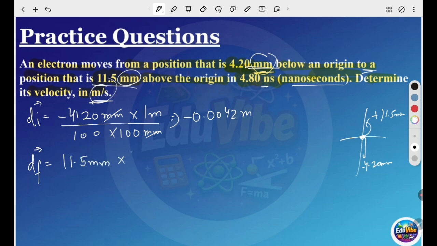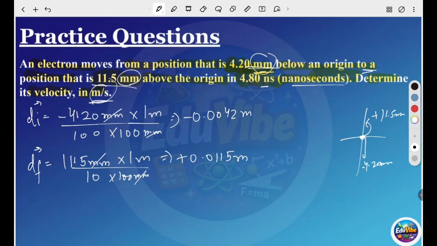Same thing we do: 1 meter is equal to 1000 mm. When we cut mm, we get about plus 0.0115 meters. So we get our final and initial displacements.